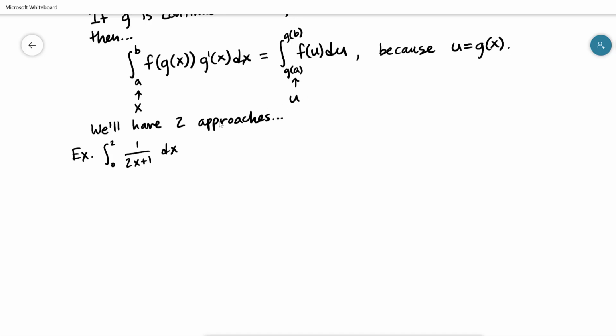In this case, what I would pick is recognizing that if this denominator were just a single value, if this whole thing were just 1 over u, I know how to integrate that. And the derivative of this bottom piece would just be an extra factor of 2. It's a constant. I can always add that extra constant in if I need to. So that's what I'm going to do.